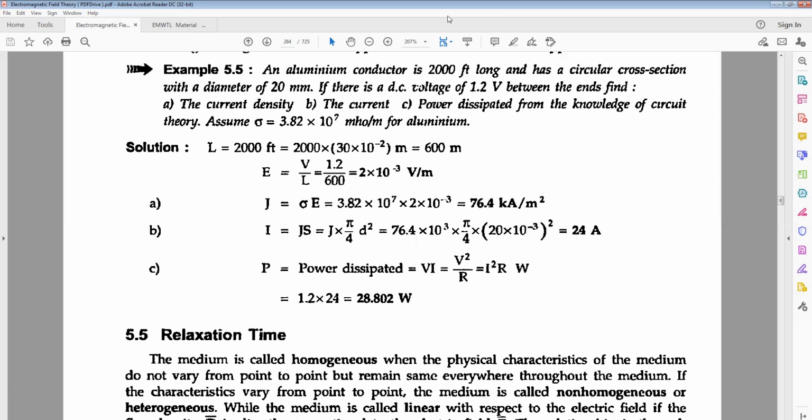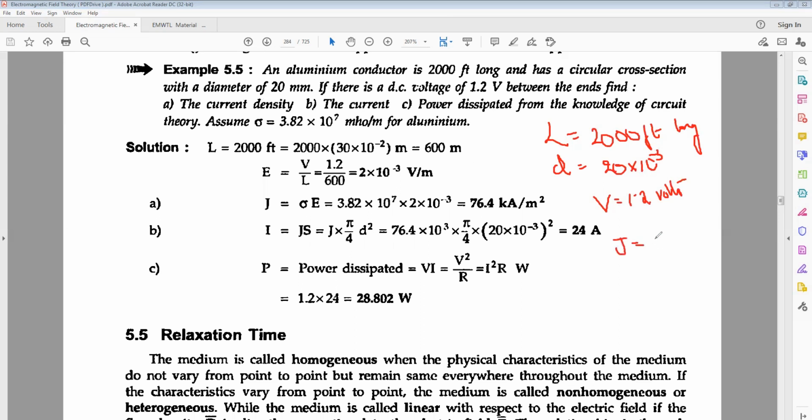So L is equal to 2000 feet, and the diameter D is equal to 20 milli, 10 power minus 3. If there is a DC voltage V equal to 1.2 volts between the ends, find the current density.